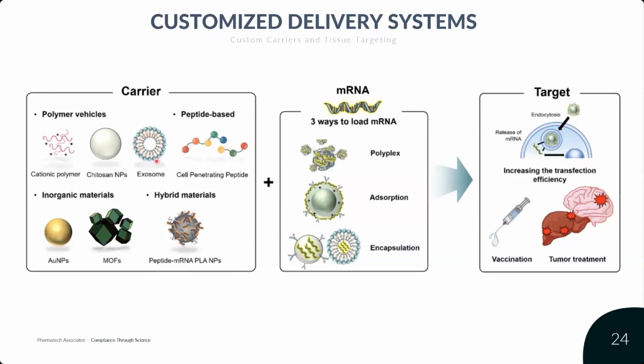And so being able to exploit these natural vehicles. They're not going to be immunogenic. And ultimately, they are controlled to a 50 to 150 nanometer size. Same thing with chitosan nanoparticles. And then being able to load via different ways.